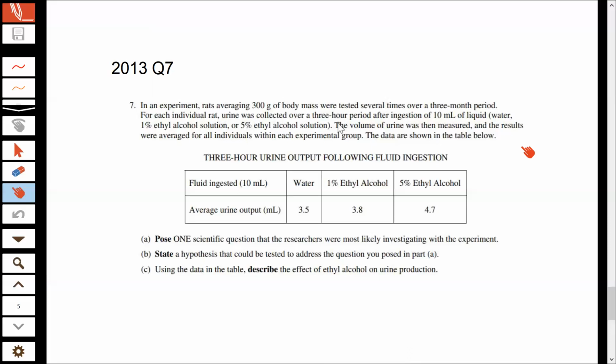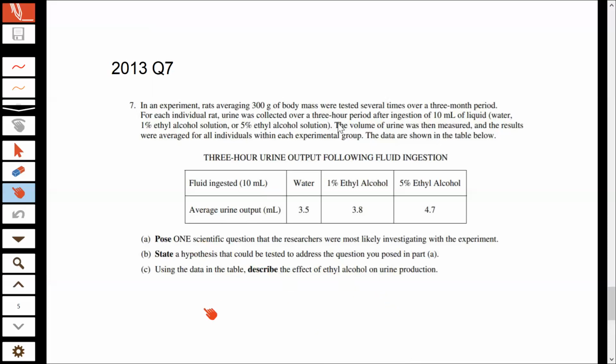You could even say alcohol consumption has no effect on urine output in rats, which is incorrect, but that's a hypothesis. Or alcohol consumption reduces urine output in rats. Again, incorrect, but it's a hypothesis. It doesn't have to be correct. But basically we're taking a guess, a possible idea of what could be the answer to our question in A. Does that make sense?